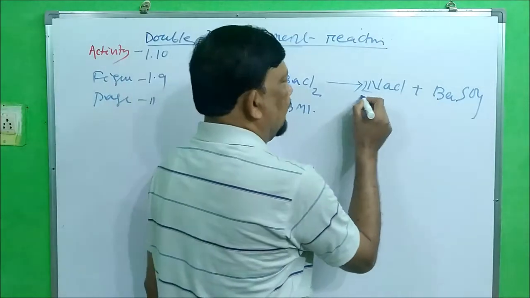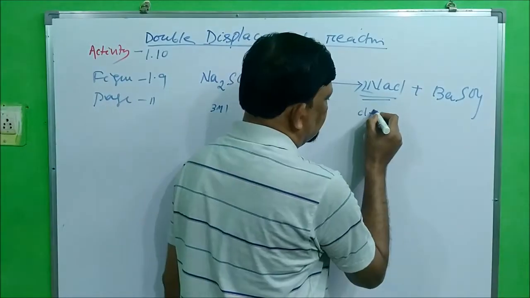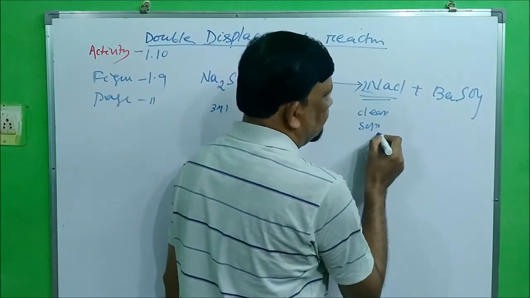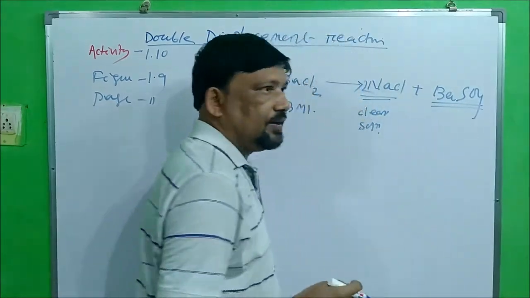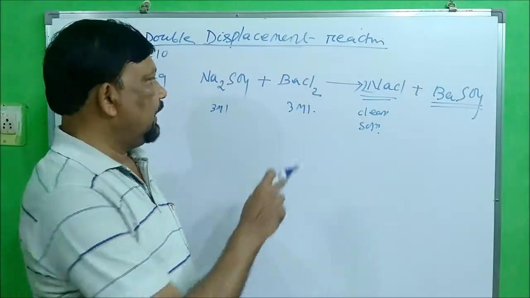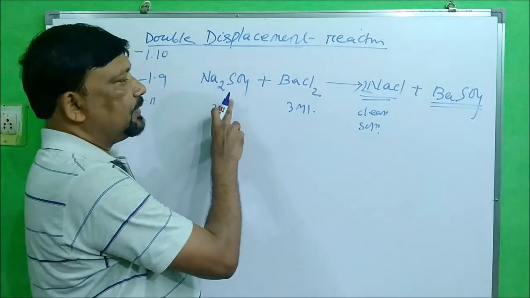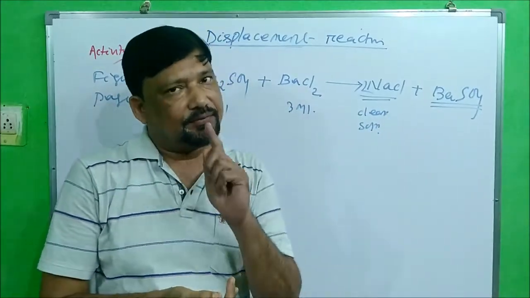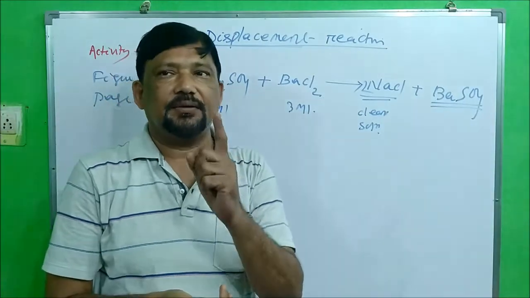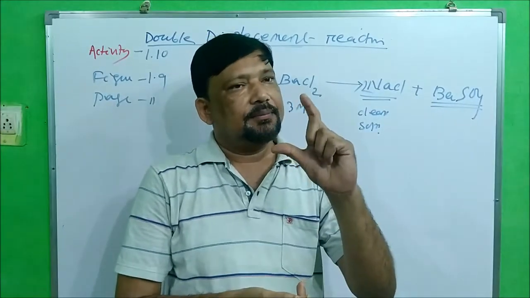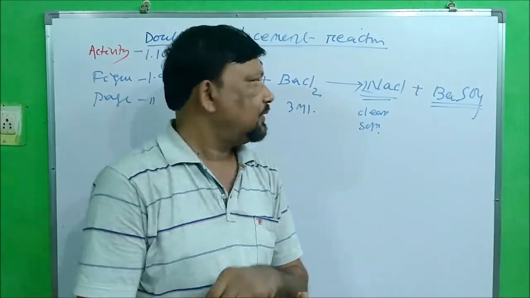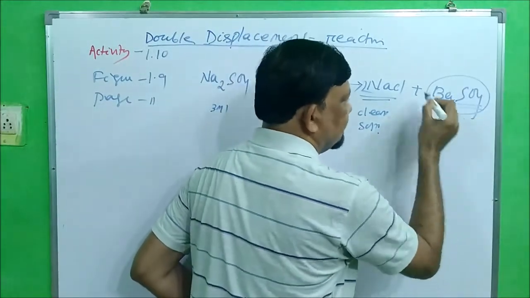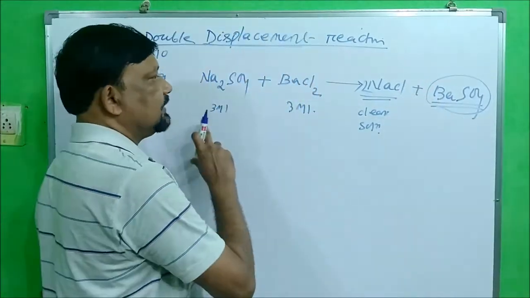So this sodium chloride is a clear solution, but barium sulfate is a white color precipitate. As you add barium chloride to sodium sulfate solution, this barium sulfate will precipitate out and be visible as a white insoluble solid in the mixture. Clear? So this white precipitate proves that some reaction has taken place.